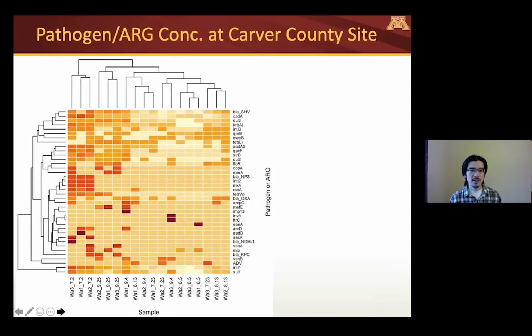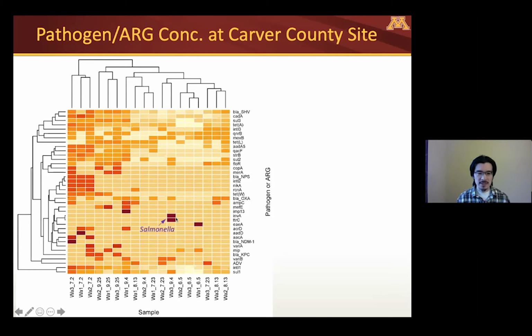This figure is a heat map, and darker cells mean the concentrations of these genes are higher than lighter cells. For example, these brown cells are actually genes for Salmonella. The MBA and TTRC genes encode for Salmonella.